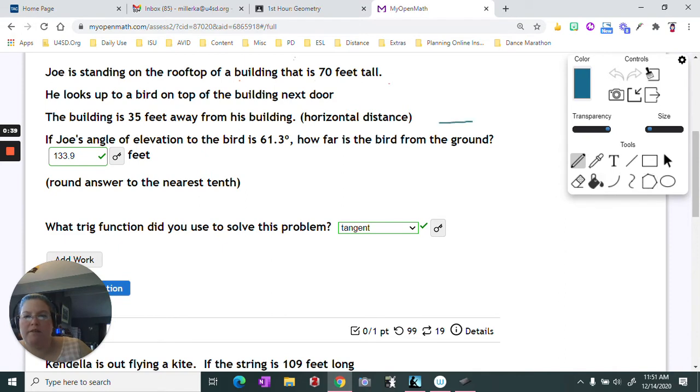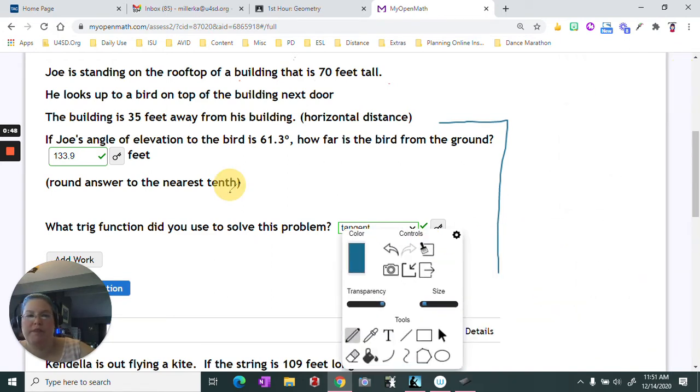We had the one house here and the other house. Let me move this over here. The other house over here, or building, I should say. The buildings were 35 feet apart. Change the color.